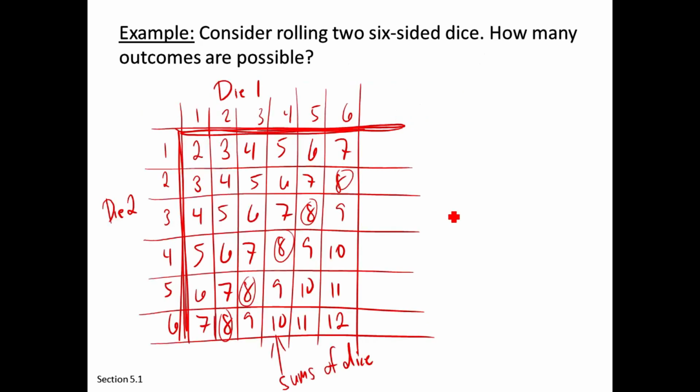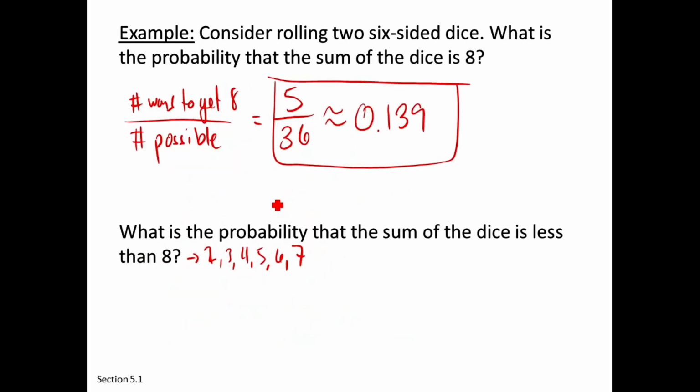So if you go back to your chart, how many are there? 21. Anybody else get that? That's what I got. Yeah, it's 21, right? So you count up all the outcomes that are less than 8. I counted up 21 as well. So there's 21 ways to do it out of 36 possible.